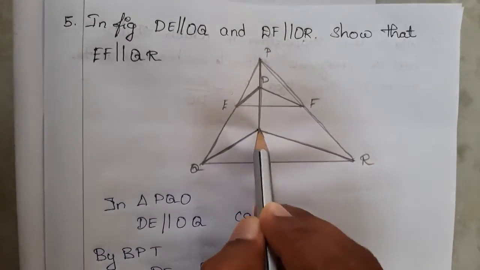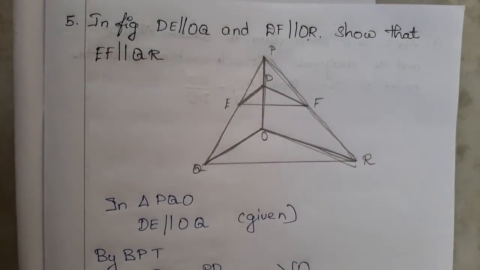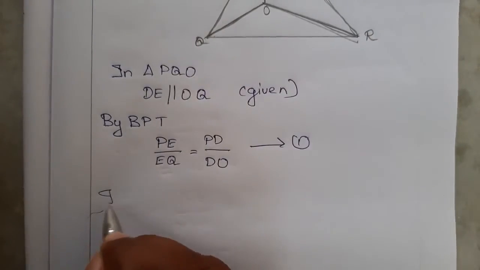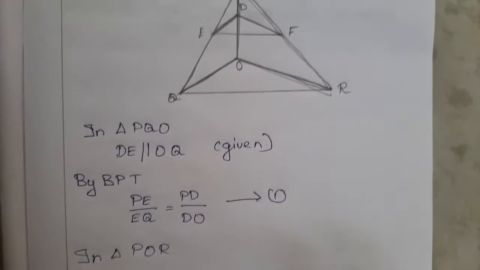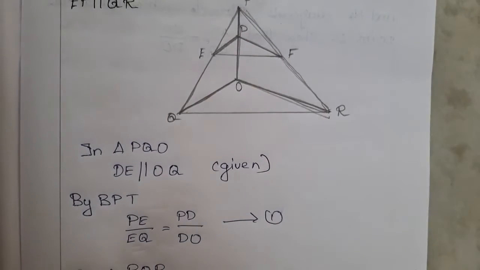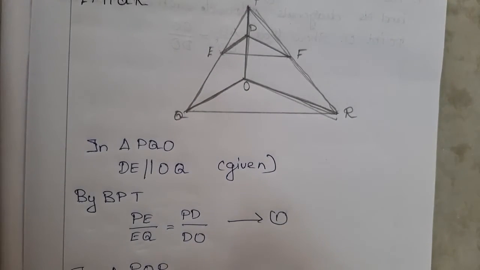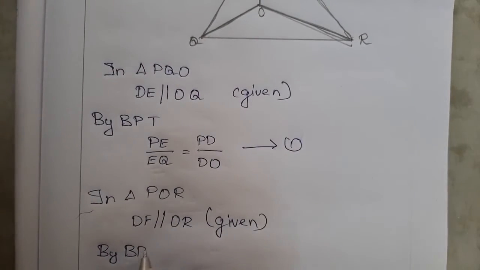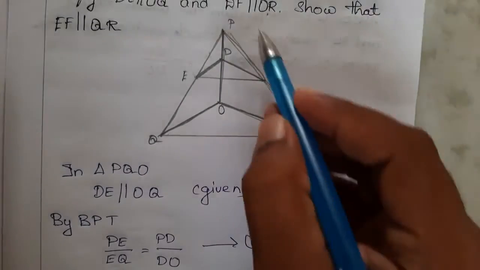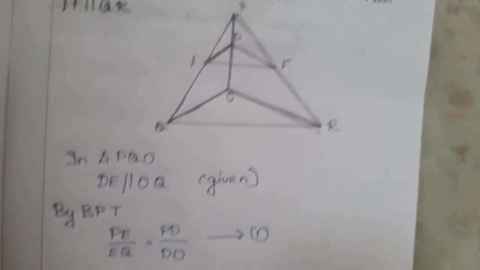In this triangle it satisfies the BPT, given these two are parallel. So in triangle POR, which two are parallel? DF and OR. DF is parallel to OR, which is given in the question. So then by BPT, the ratios are PD by DO is equal to PF by FR.